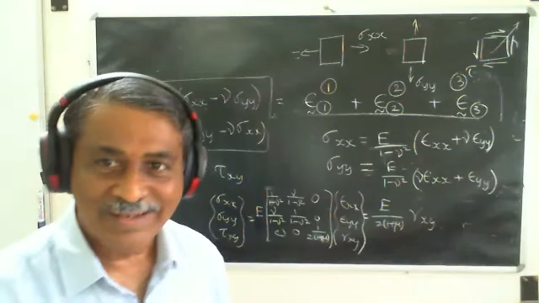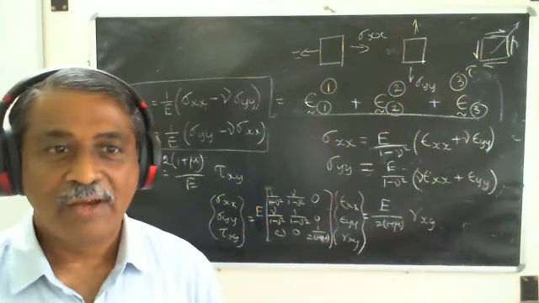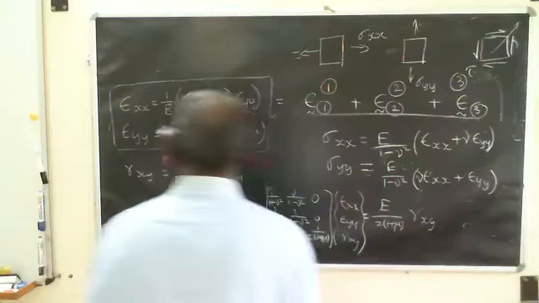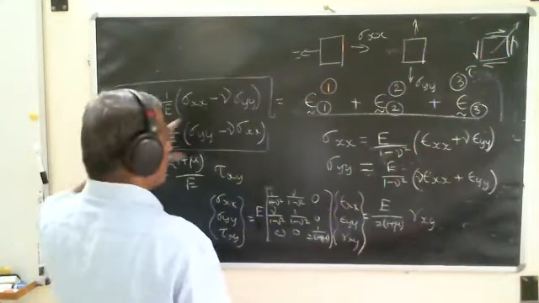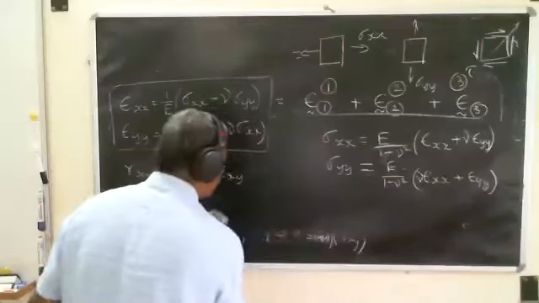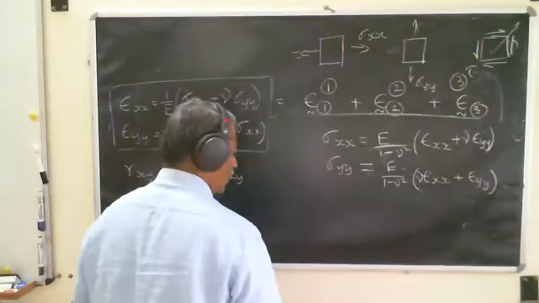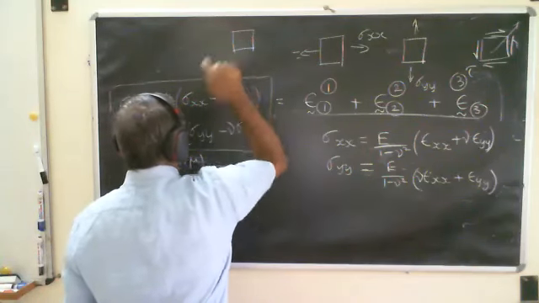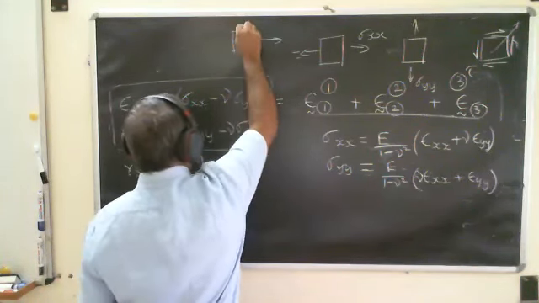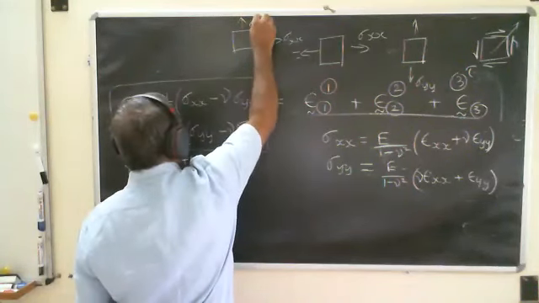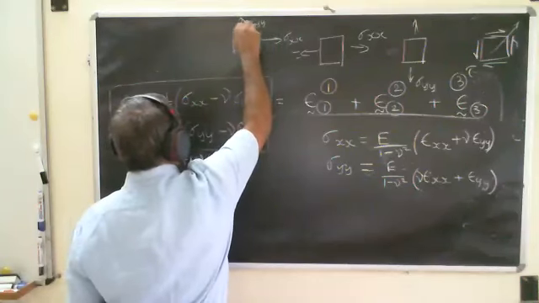If this is clear, I have one request to you. I have now written this. I want to find out: I have this material, let's say, uniformly stressed, so sigma xx, sigma yy, and tau xy.